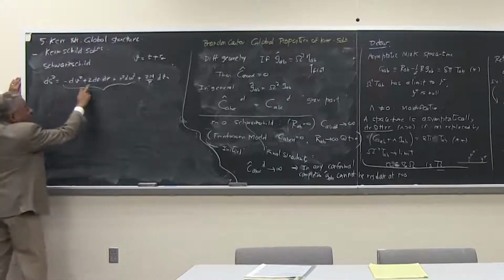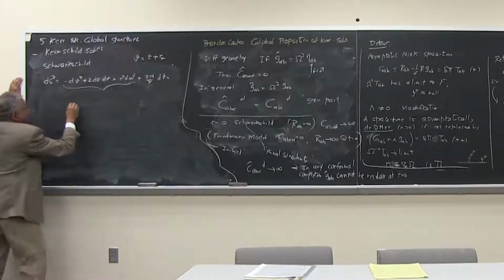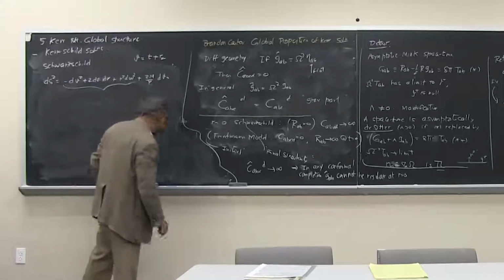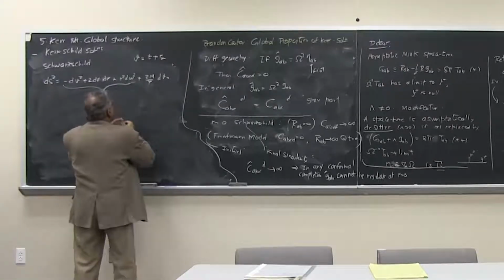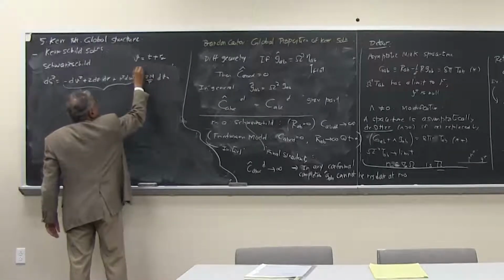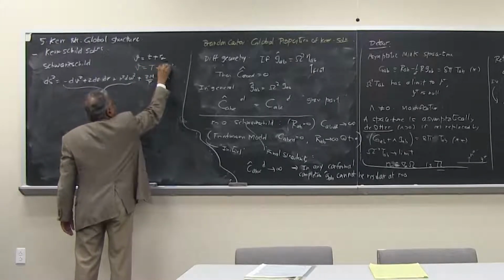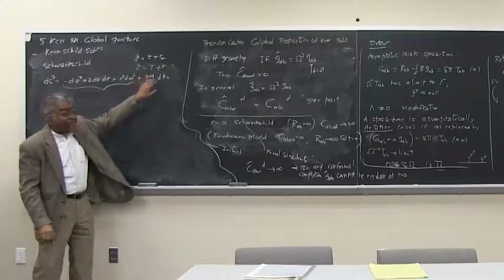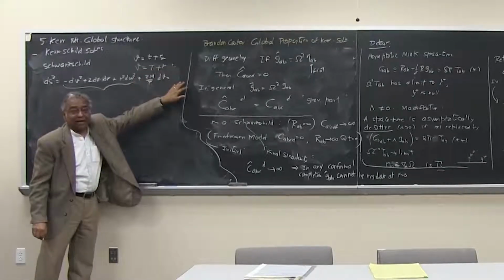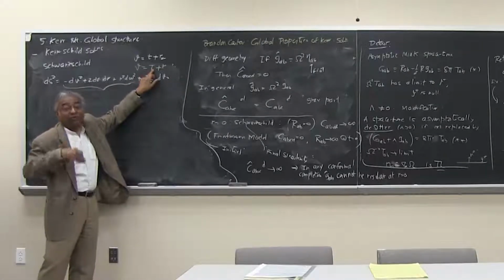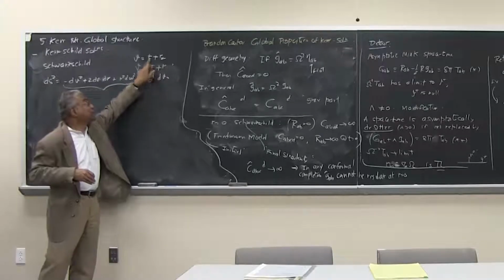However, if I look at this as a flat metric, I have to define a coordinate capital T. So I would like to write down v as capital T plus r, because in Minkowski spacetime, v was just T plus r. So this capital T refers to Minkowski spacetime, so it is going to be different.